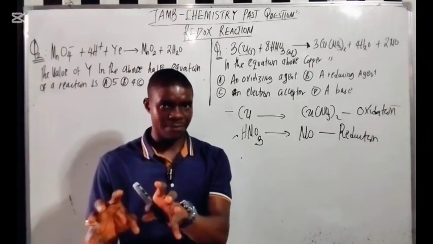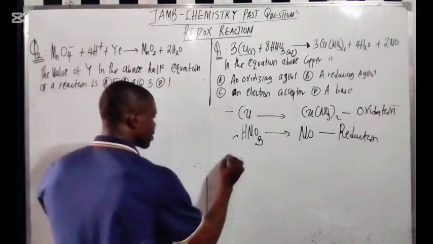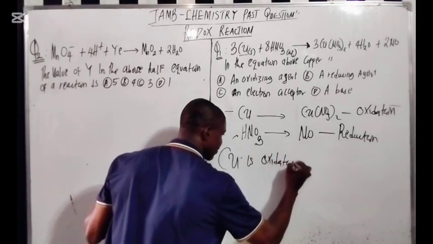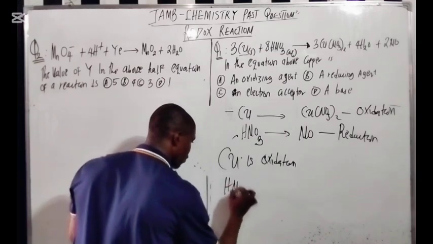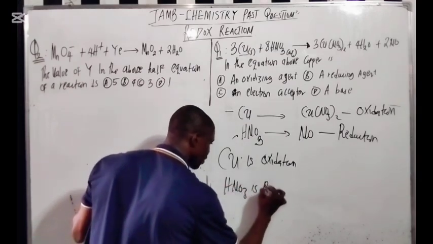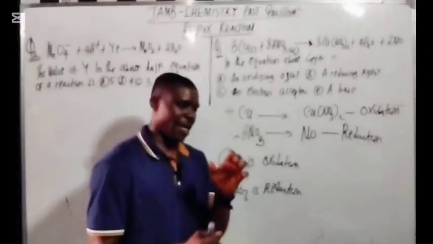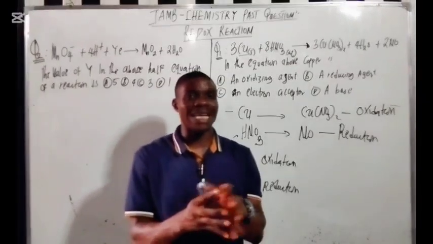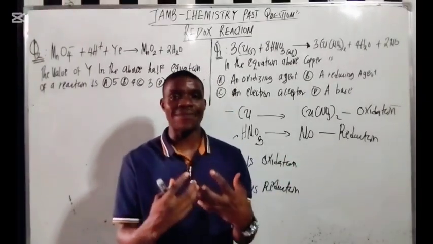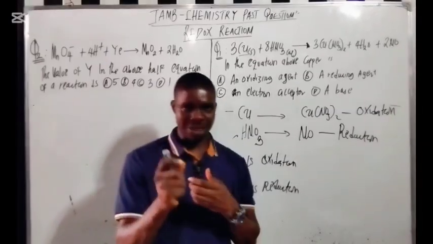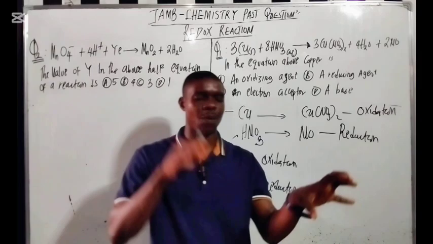So here you can see that Cu is oxidation, and HNO3 is reduction, right? Now remember, they didn't ask you to identify the one that is oxidation or reduction. They said to identify the oxidizing agent and the reducing agent.